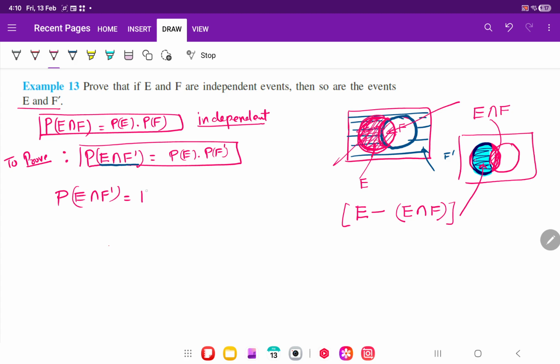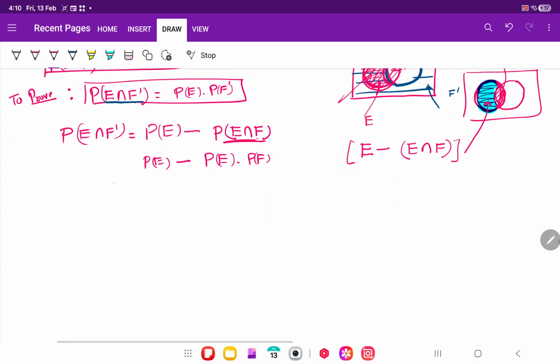So by this logic this will be nothing but P(E) minus P(E intersection F). And what will this be? These two are independent, so it will be P(E) into P(F), correct? And P(E) is common, so what is left? 1 minus P(F).